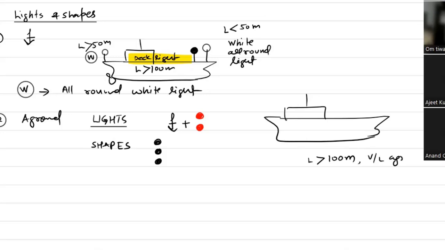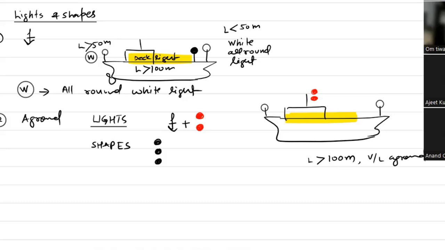What light is it going to show? Sir, it will show one forward all-round white light, and one aft all-round white light. And with that, it will show 2 red lights on masthead, sir. And deck lights will be illuminated. Deck light, symbolically, I'm just using this. That's it. Is it clear? Yes, sir. All right.